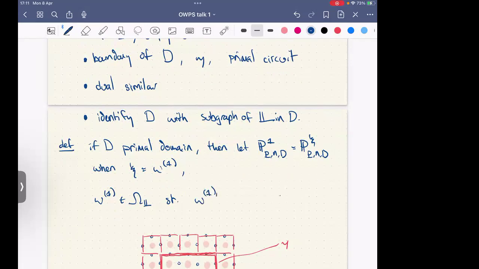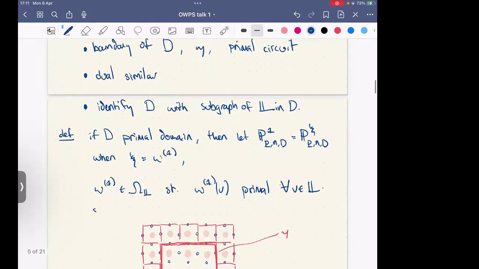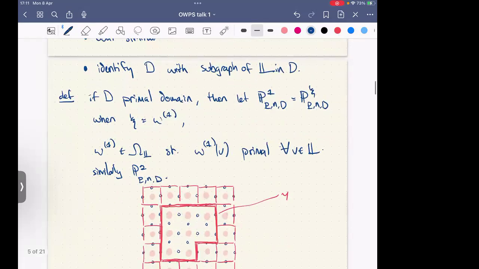Omega 1 of V is primal for all V, okay? And then similarly, we can do the same thing for dual. Okay, so we define, we're just going to write P2, P, and D. So these are the measures that we're going to consider.